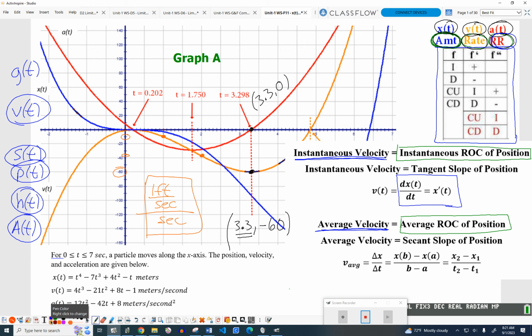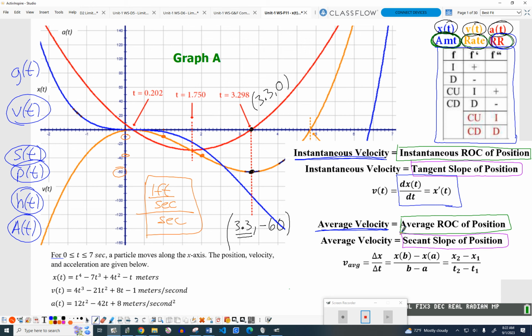So tangent slopes are instantaneous rates of change, and secant slopes are average rates of change. So the tangent slope that we calculate, that's an instantaneous rate of change. If we calculate a secant slope, that's an average rate of change. Questions?